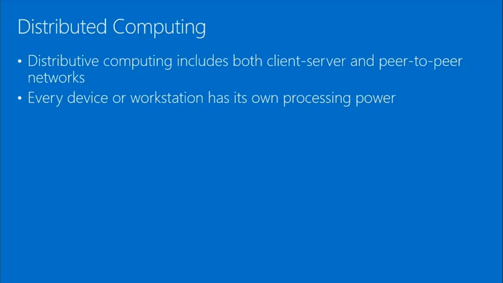After peer-to-peer networking, distributed computing. Distributed computing is basically a hybrid type of environment. It includes both client-server and peer-to-peer networks. Every device has its own processing power. So now we're getting away from dummy terminals, and we're getting more into, as you mentioned, thin clients.